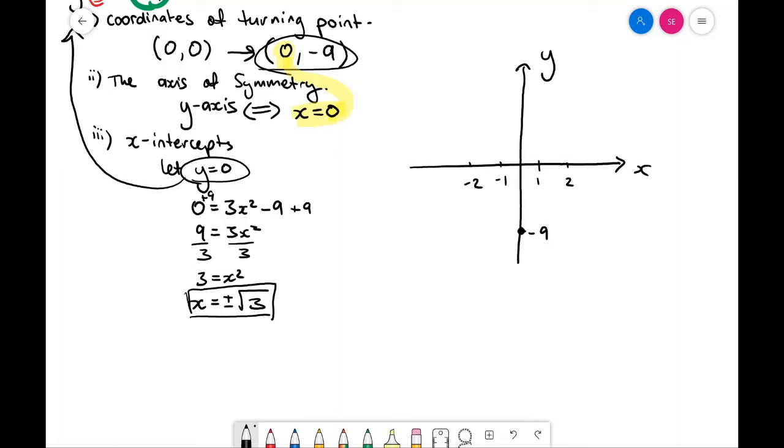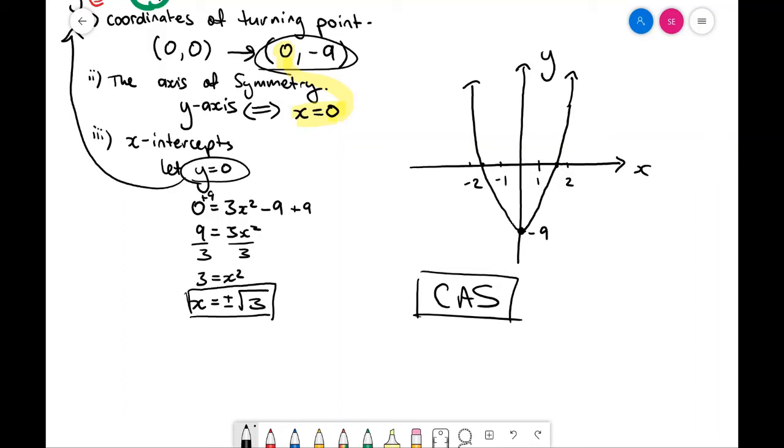So we know it's going to pass through here somewhere. There we go. We've got our parabola. Chuck it into your CAS as well, and you'll be able to see how correct you are. Alrighty.